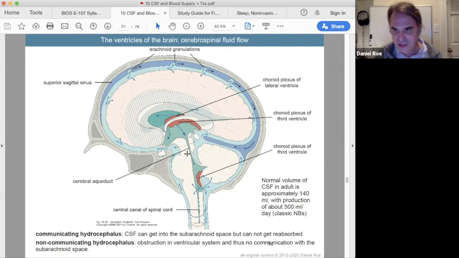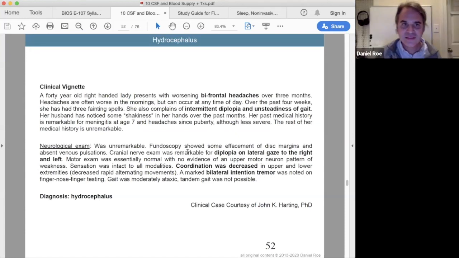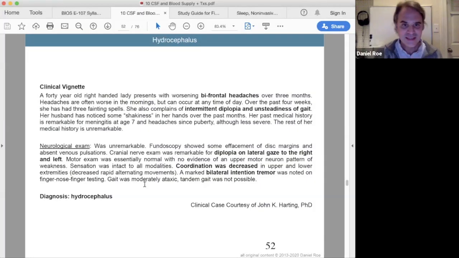And it's pretty alarming. Can you surgically remove these obstructions or put a valve that drains CSF, a shunt? Possible? Yeah, that's what they do. They put in a shunt, a little tube that drains CSF, and then it goes under the skin and usually drains down into the abdomen. So let's do this clinical vignette quickly and finish up.